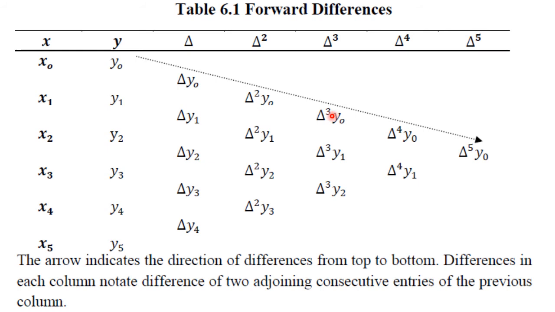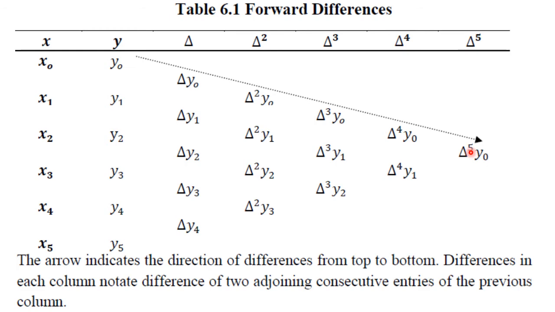So students, if you want to find the values of the derivative at a point, for example at the first point, you find the difference operators at x naught. This is the first forward operator of y naught, this is the second forward operator of y naught, again the third forward operator of y naught, fourth, fifth.